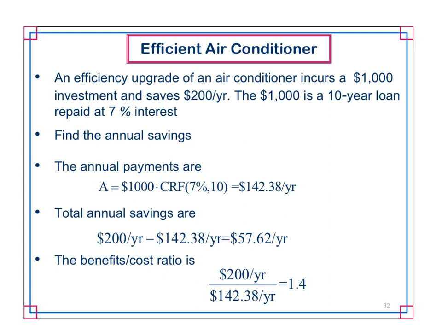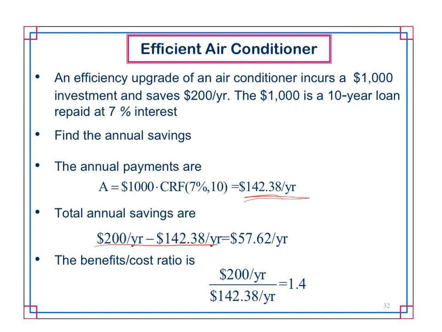So we're going to take our $1,000 that we had to purchase it and multiply it by our capital recovery factor. So to pay back that $1,000 for the next 10 years at a 7% interest rate, we need $142.38 to do that. The savings, hopefully, will cover the initial $1,000 expense.